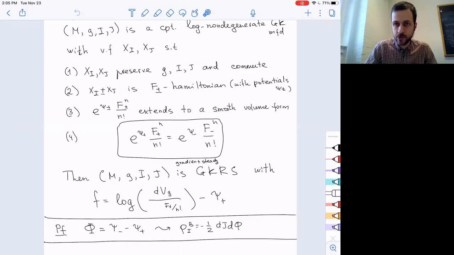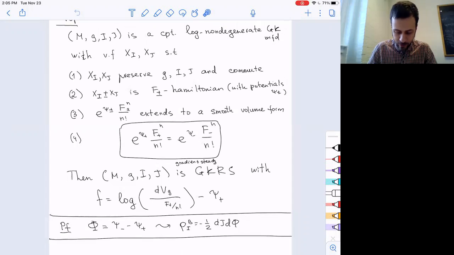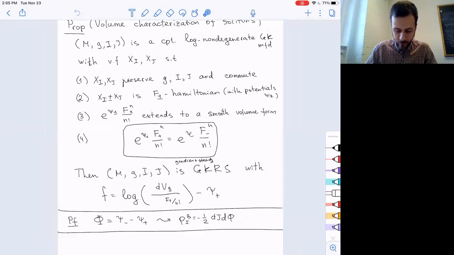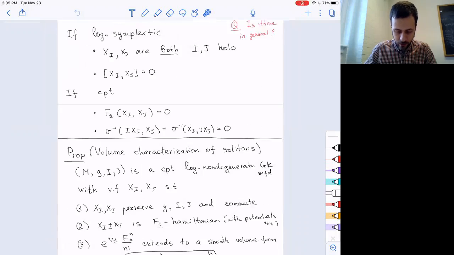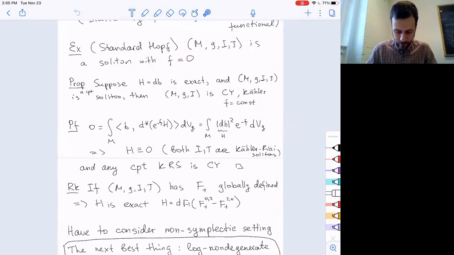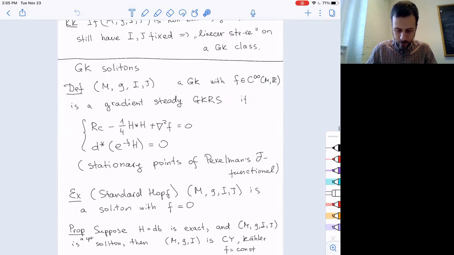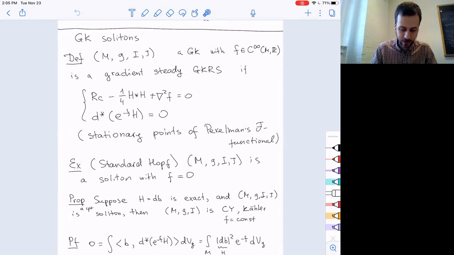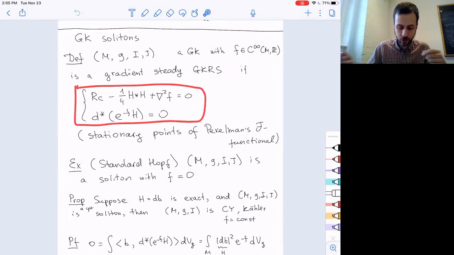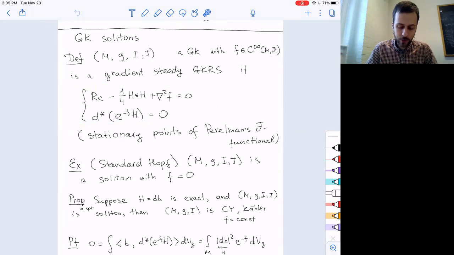So maybe I'll briefly review where we stopped last time, and I'll start with discussion of solitons. General scalar solitons are solutions to this system of equations. These are generalized Kähler manifolds, which we think of as a Riemannian metric g and two integrable complex structures I and J satisfying the usual generalized Kähler compatibility assumptions.